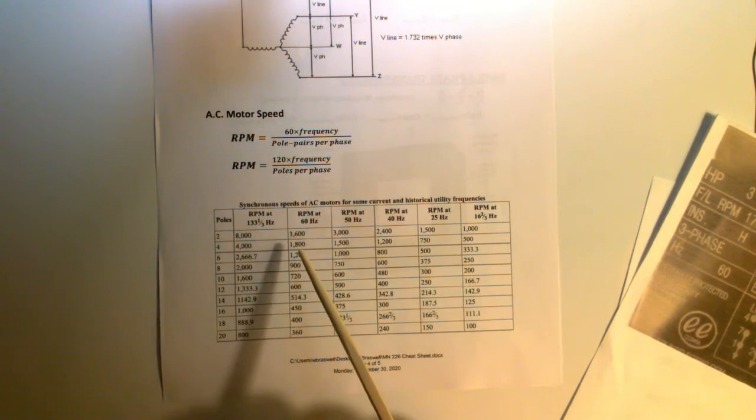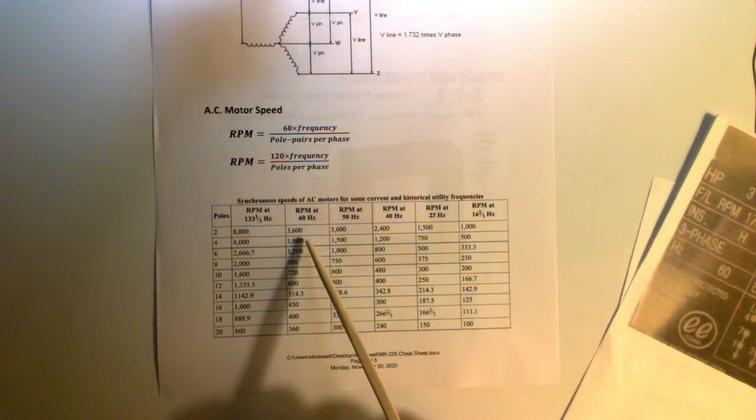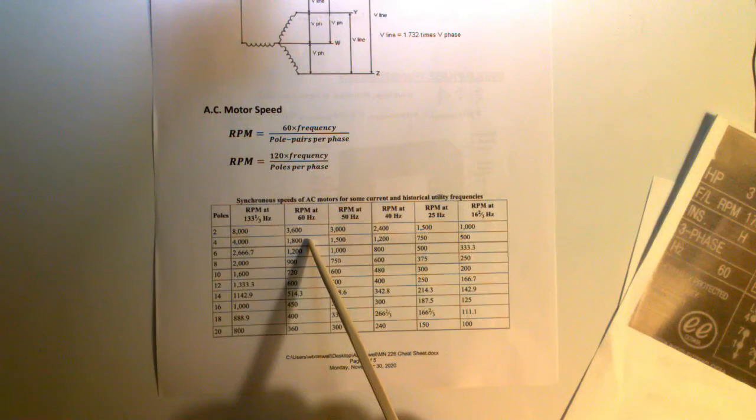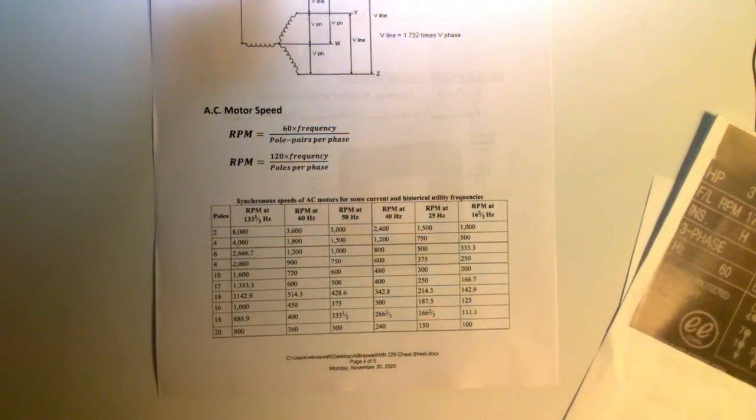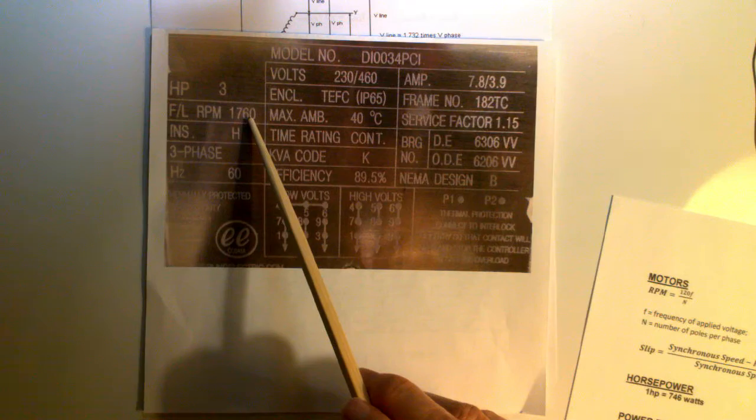That's correct. So this is the motor I have. My synchronous speed of the rotating magnetic field produced by the stator is 1800 RPM. The actual speed, or the rotating speed of the motor, is 1760 RPM. You see there's a slight difference between the two.